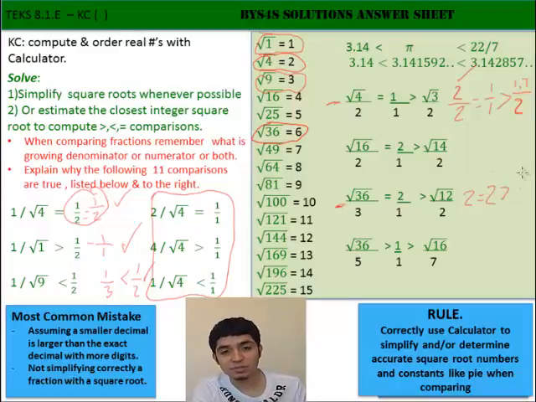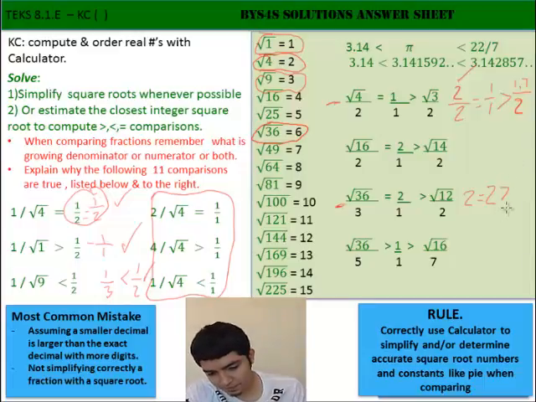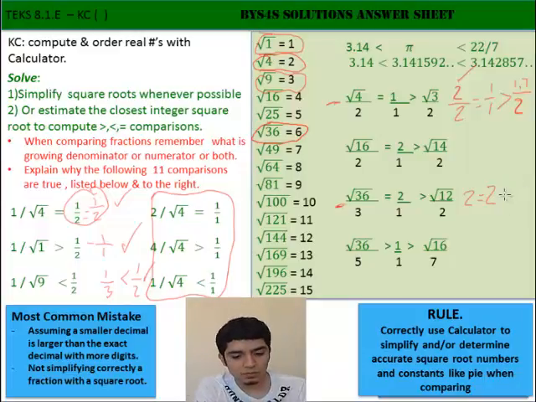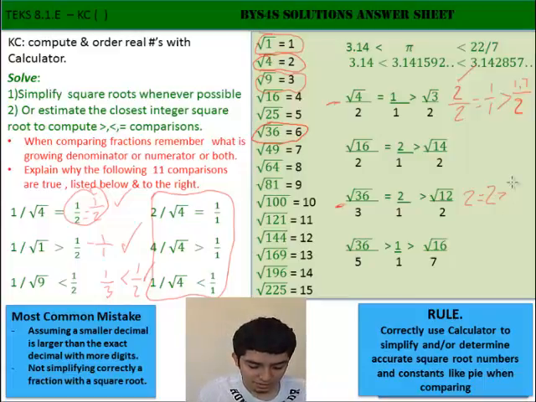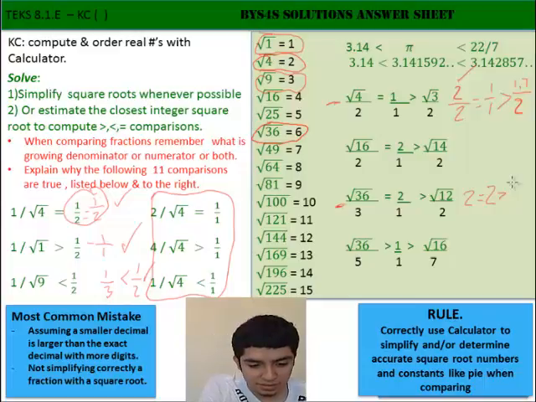Now again, this isn't a perfect square as we had in the previous problem, so we're going to estimate again. We know that the square root of 12 falls between the square root of 16 and the square root of 9. That means that the square root of 12, when you solve it out, is between 4 and 3.